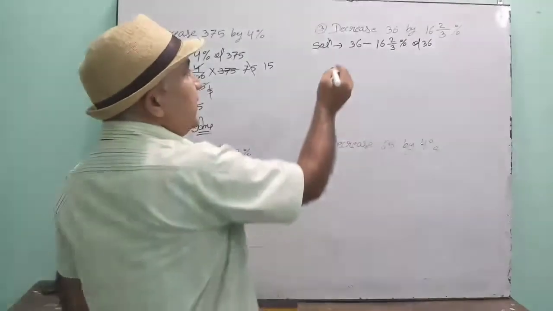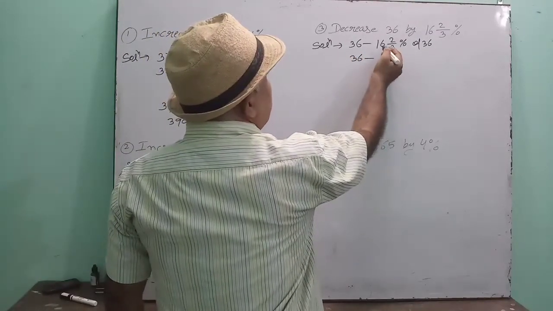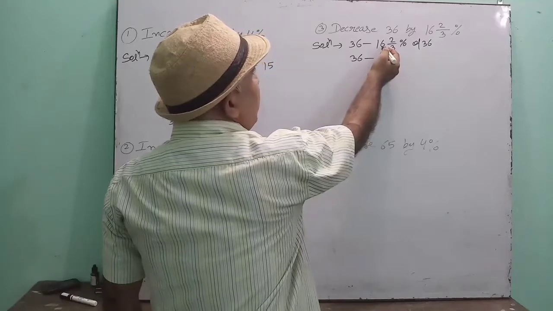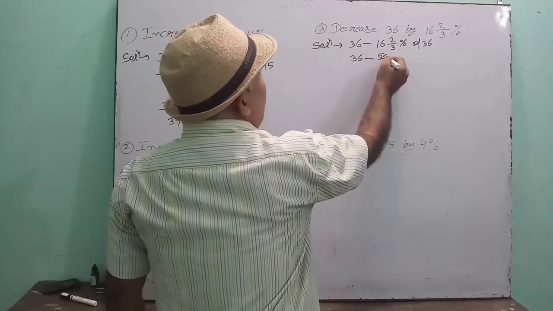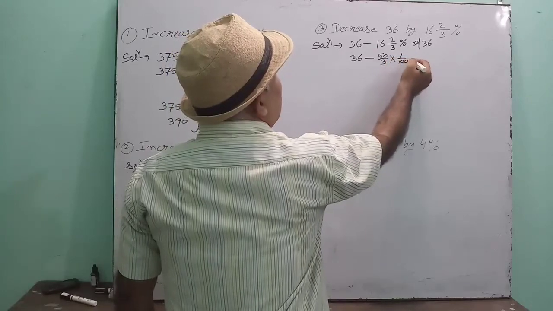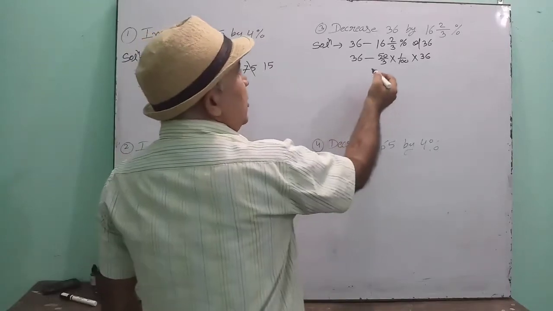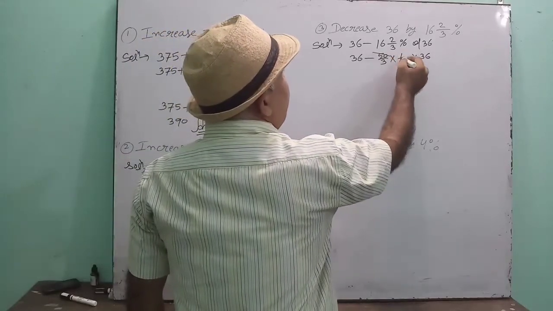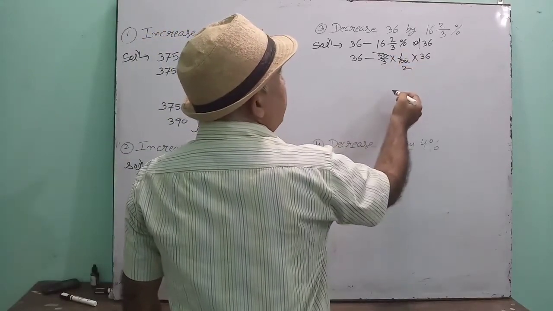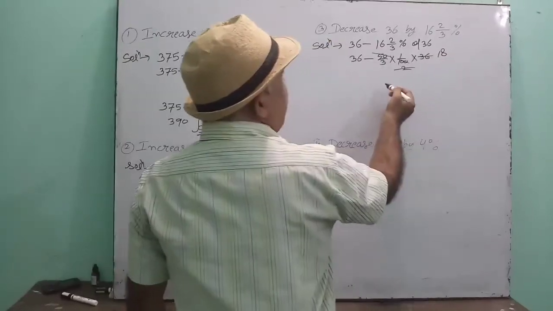Okay. Now solve it. 36 minus, 3 into 16 is 48, plus 2, 50 by 3. Percent means 1 upon 100 of, multiply into 36. Now solve this one. 50 dividing 100 by 2 times, 2 dividing 36 by 18 times.